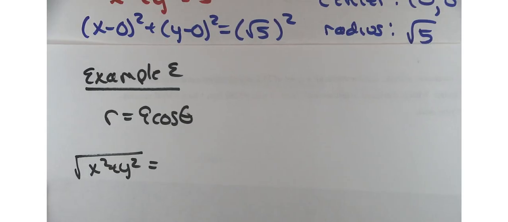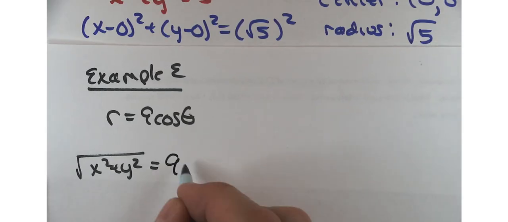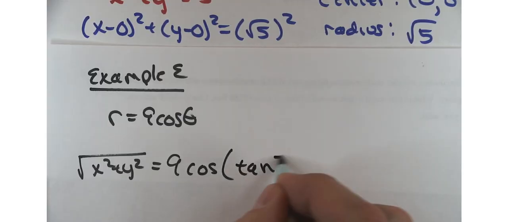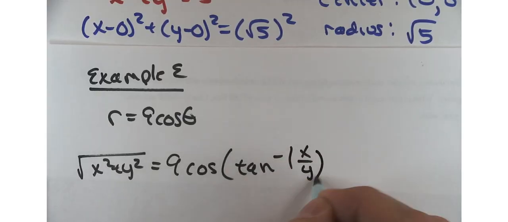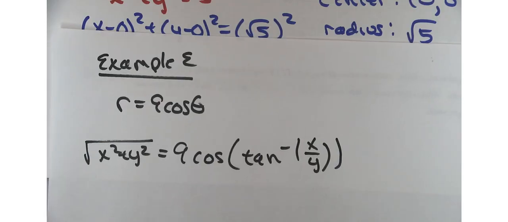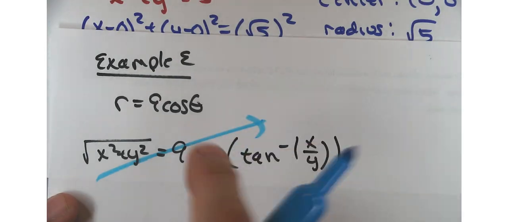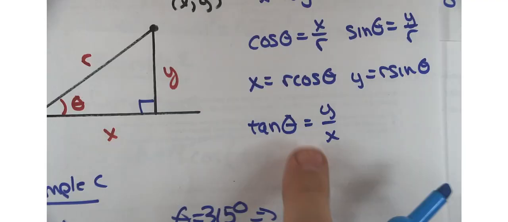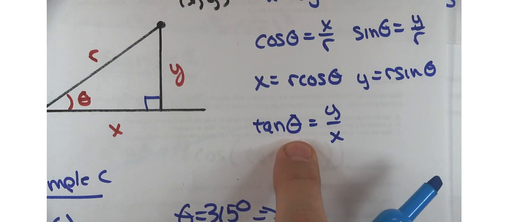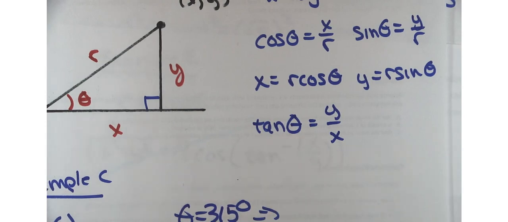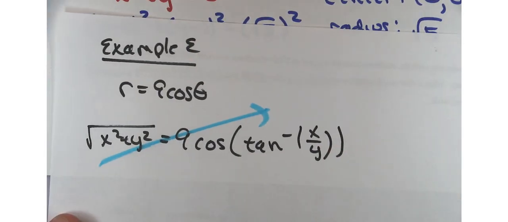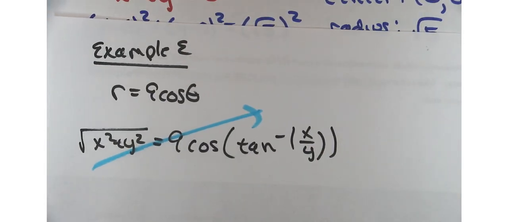And then you start getting really creative. 9 times, well, theta is the tangent inverse of x over y. And boy, you're getting really deep into the weeds here. This is just not the way to go with this one. Like I said earlier, a lot of people use this relationship too much. All right, that theta is the inverse tangent of y over x. I guess I get that upside down. No worries. We're not going to go there anyways.